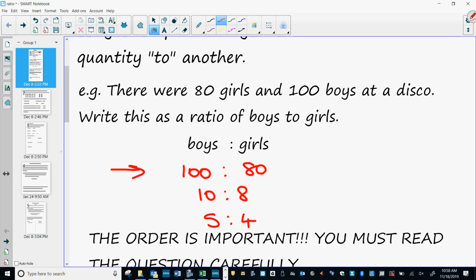They work in very similar ways to fractions. And you can actually use your calculators to help you simplify these if you're not so great at simplifying. If you put it in as a fraction onto your calculator, 100 over 80, and press equals, it will simplify it for you. If it comes up as a mixed number, you need to know how to change your calculator to show an improper fraction.